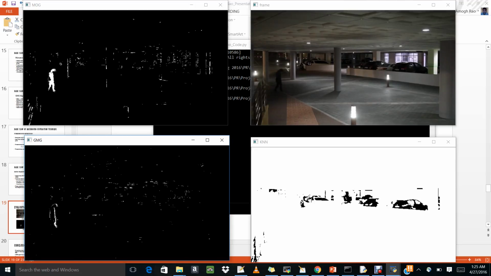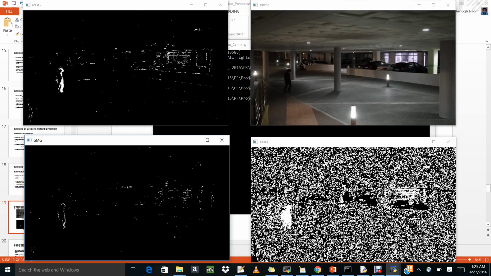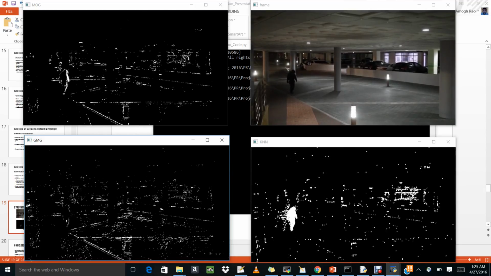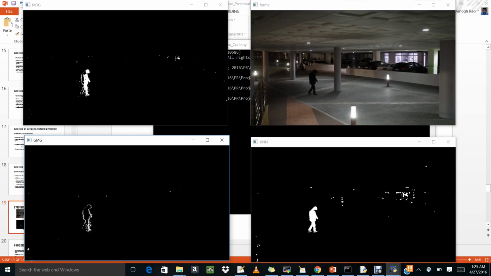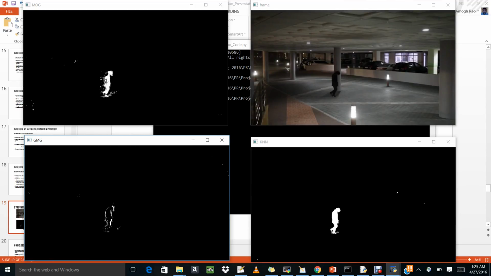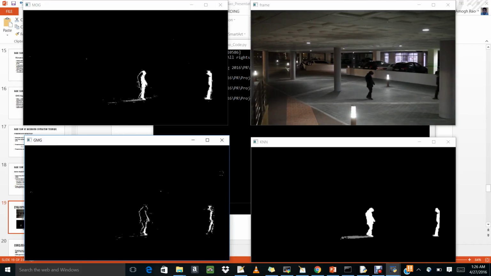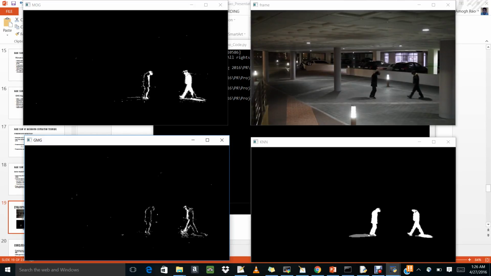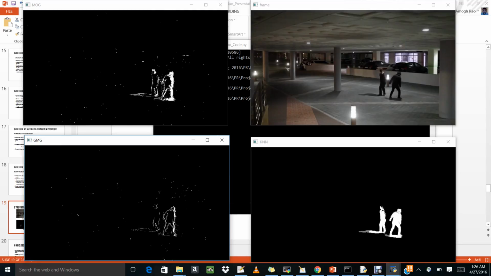This one is using MOG, GMG and KNN, and we can see that MOG and KNN are successful in detecting the motion compared to GMG, but MOG has a number of noises in the background. But we can see in KNN it gets rid of all the unwanted noises in the background and just detects the major moving object or person.